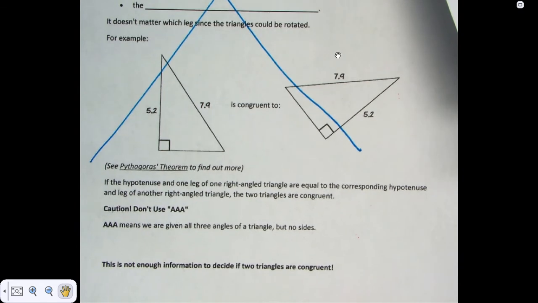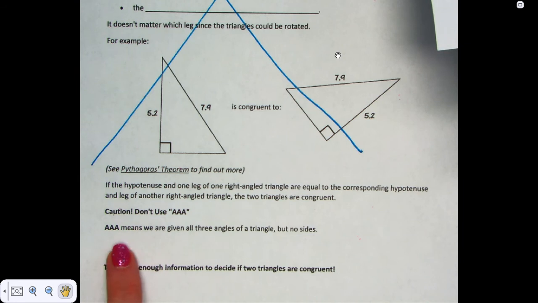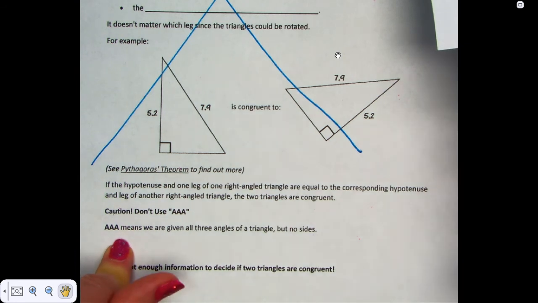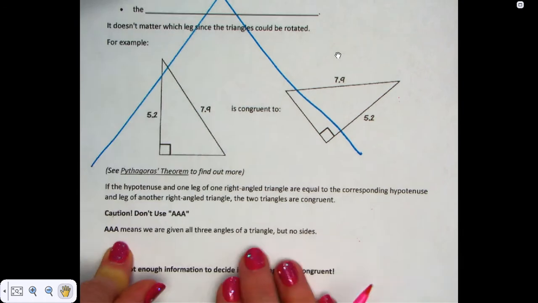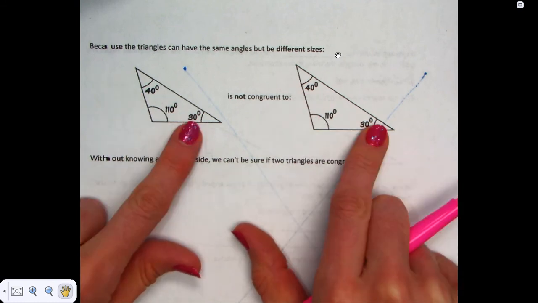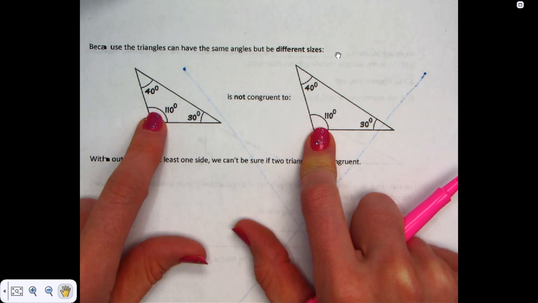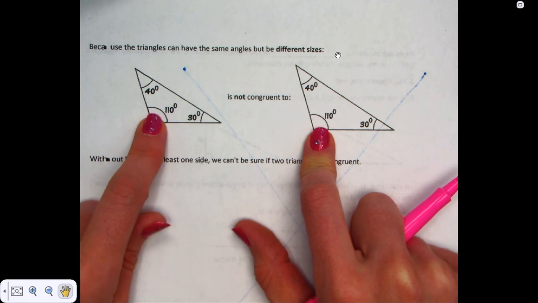And then at the bottom, we just want to caution you that we are not using AAA. If you have 3 angles that are the same, this does not prove that the triangles are congruent, because the sides could give you different measurements. So we see that these 2 triangles have the same angle measurements, but they are not the same size. This one is smaller, so we cannot prove them congruent by that.